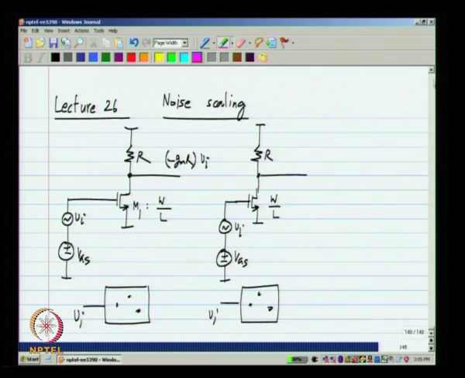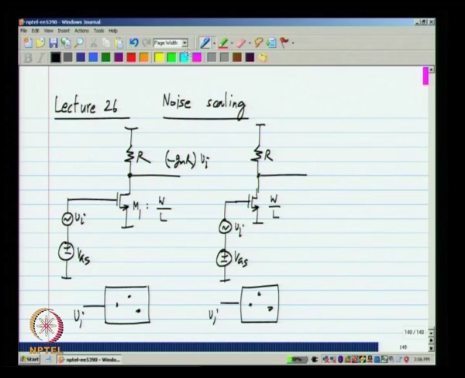The two circuits have the same input. In that case, the internal nodes will be exactly at the same voltages in the two circuits. This will be at the same voltage as that, and so on. Similarly, here the gate voltage is the same. This circuit has only two nodes, the input and the output node. The output node voltage will be exactly the same in the two circuits.